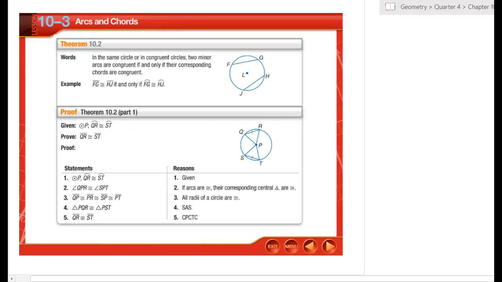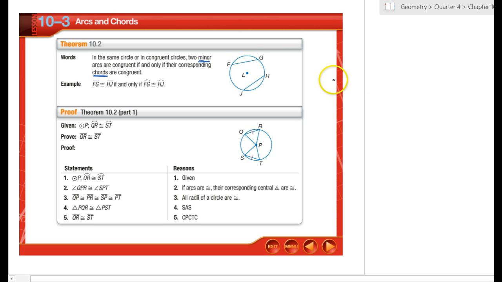So moving on. Here we have another theorem. What it says, if you have in the same circle, or if this happens in congruent circles, 2 minor arcs are congruent if their corresponding chords are congruent.